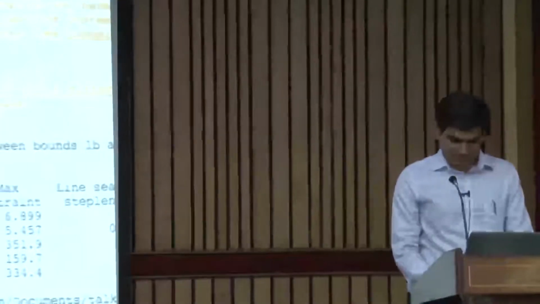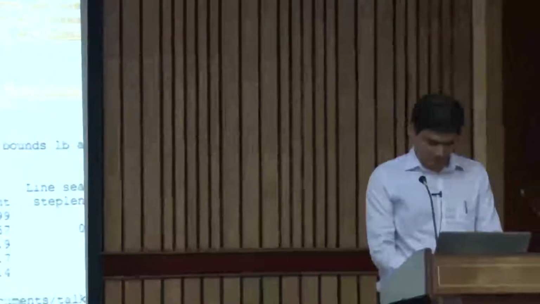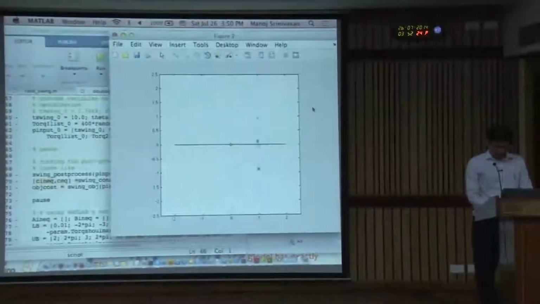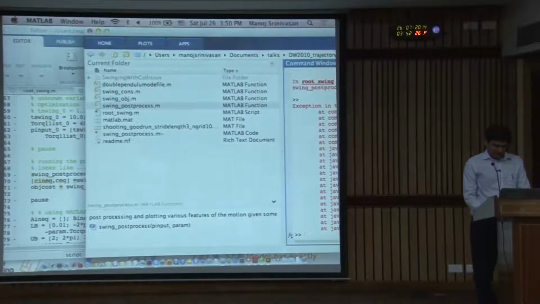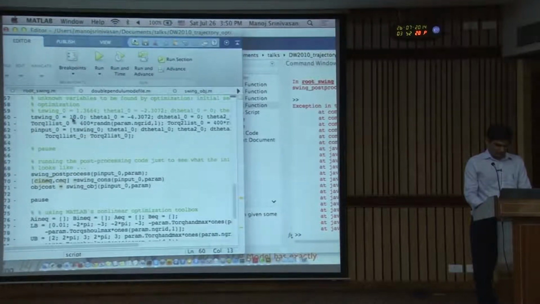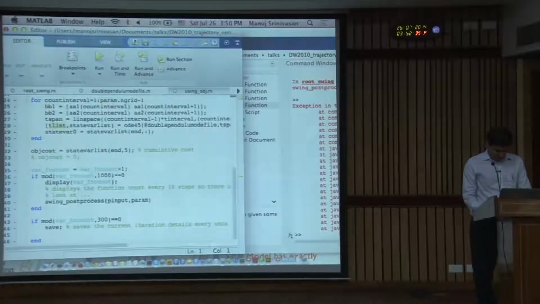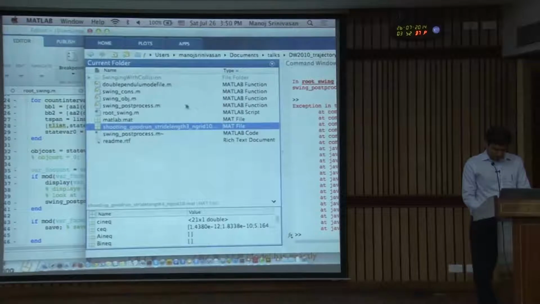Maybe as this thing is running, it looks like it's run off. Let me run it from the start. I have a couple of pauses here which I would like to remove before I show this.